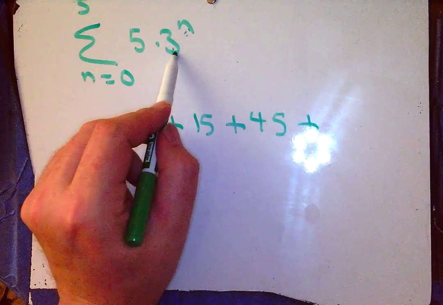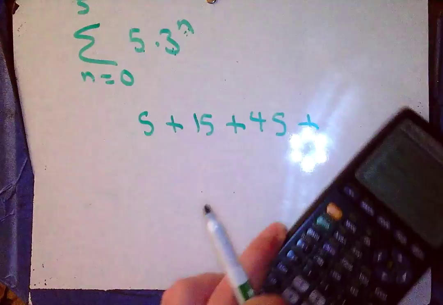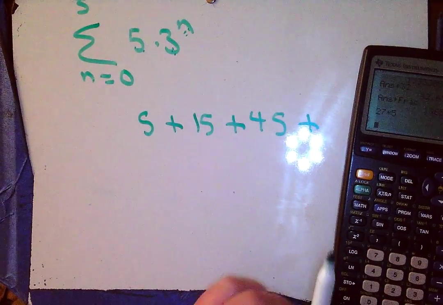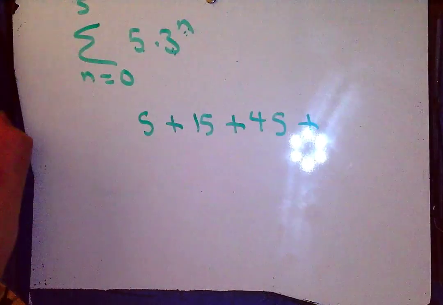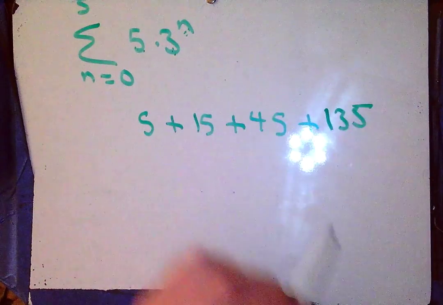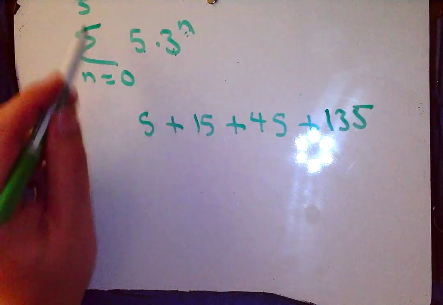I get 27 times 5, which is... I don't want to do that in my head. Oh, sorry, times 3, not times 5. I get 135. And so that's with this sequence.